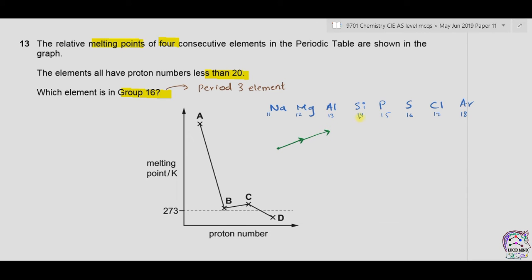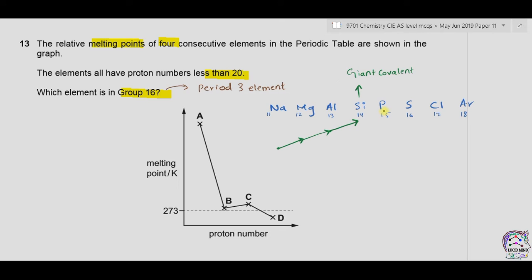For silicon, we can see that silicon does not make a metallic bond, it forms a giant covalent compound. So the melting point of silicon is greater than aluminum.